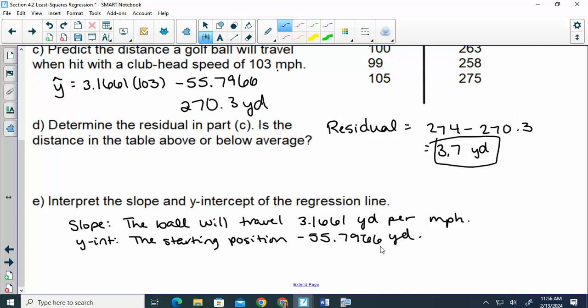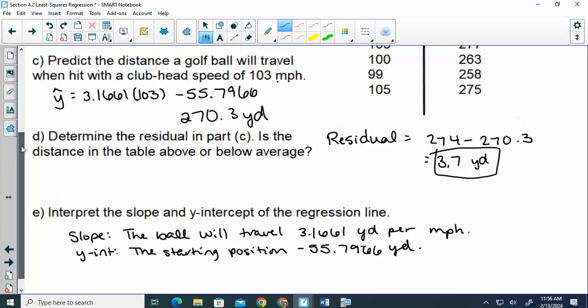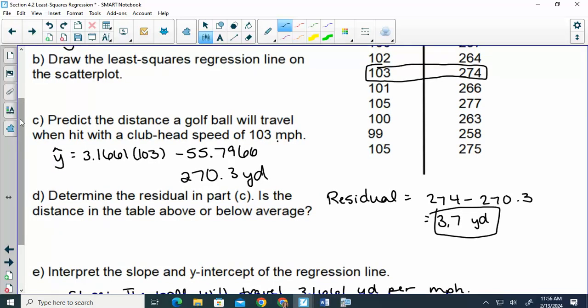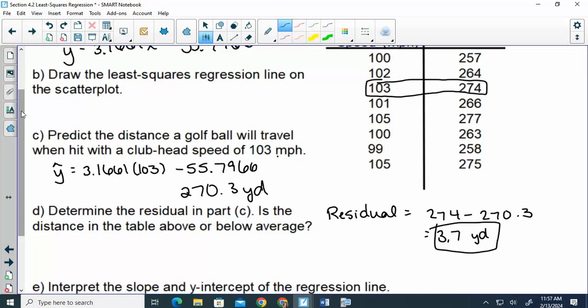One thing I do want to caution you, do you think this equation would be good if we used, let's say, a machine that hit the ball 300 miles per hour? Why would this not be very accurate then? Okay.